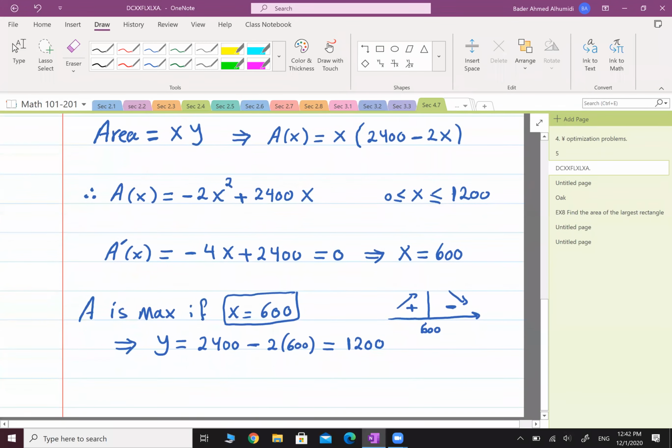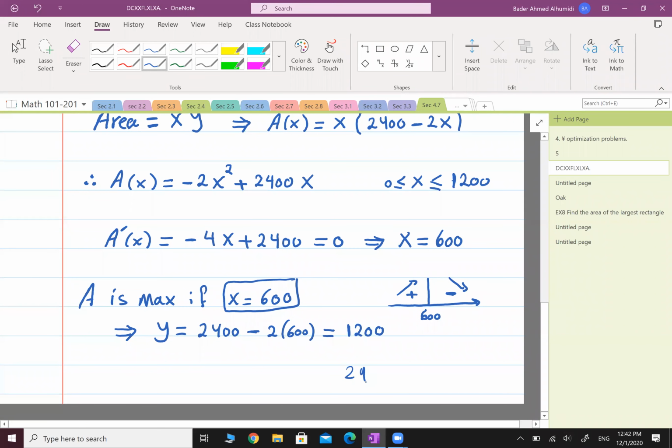Yes. That means 2,400 minus 2x must be greater than or equal to 0, because this represents the value of y. Solve for x. Take this one to the other side and divide by 2. Clear? Clear. Thank you. Okay.